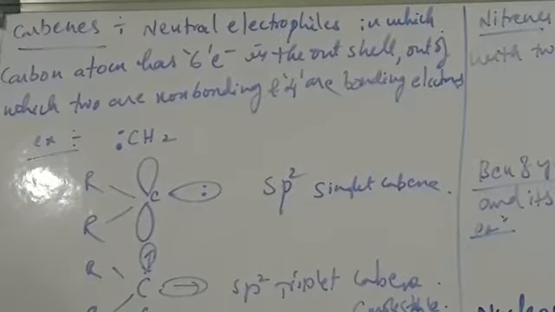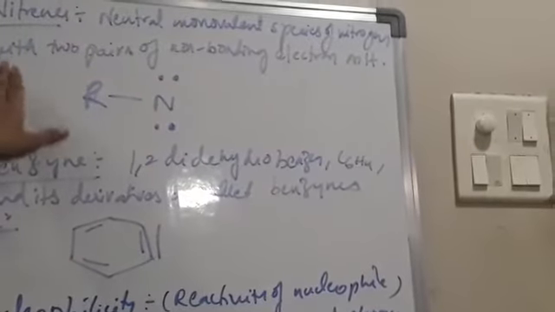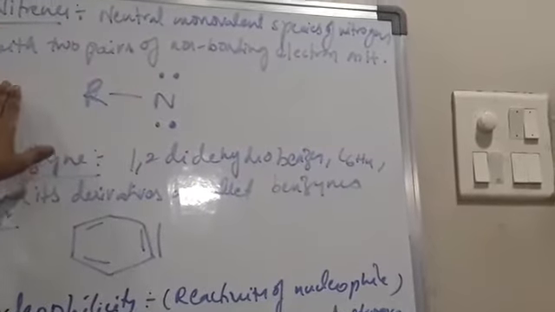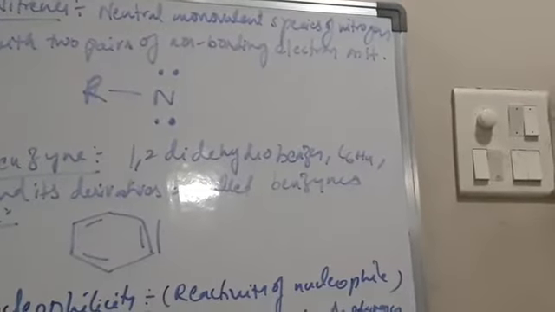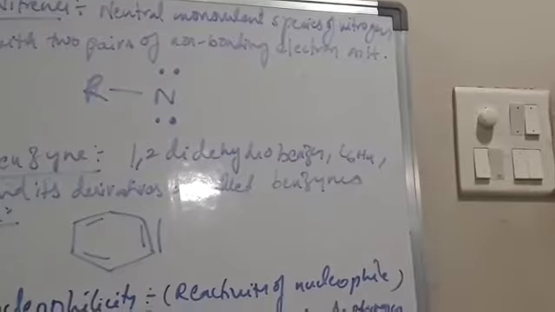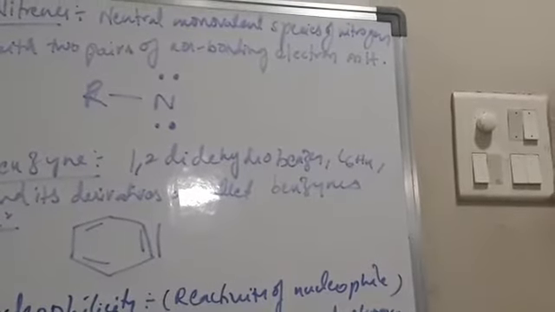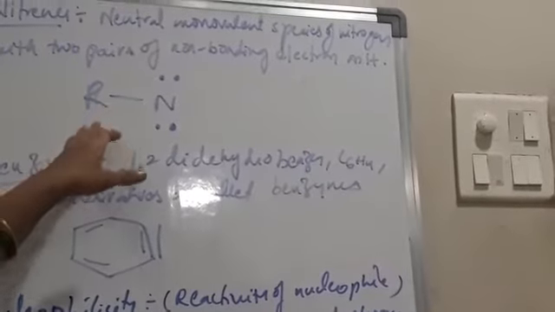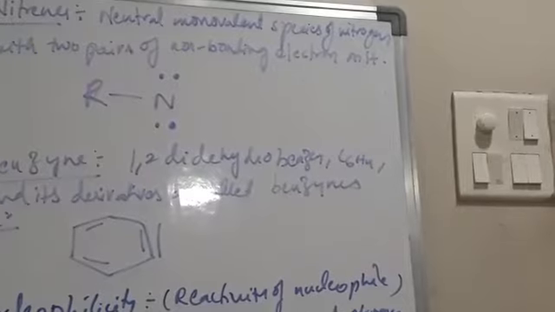Next, coming to nitrenes, another type of reagent. Nitrenes are neutral monovalent species of nitrogen with 2 pairs of non-bonding electrons, so with 2 lone pairs of electrons.